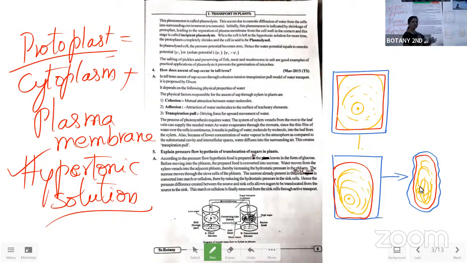And once the cell wall shrinks to surround the plasma membrane, it shows wrinkles on its surface. Okay, foldings on the cell wall. With that, we can say cell has been shrinked. This is the shrinked cell wall.